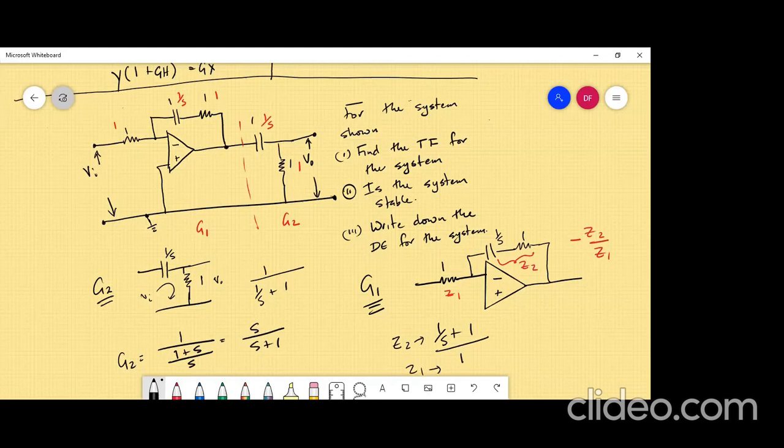And we'll put the minus down here. So that is going to be equal to S over 1 plus S divided by negative 1. So that is equal to S plus 1 over S minus.